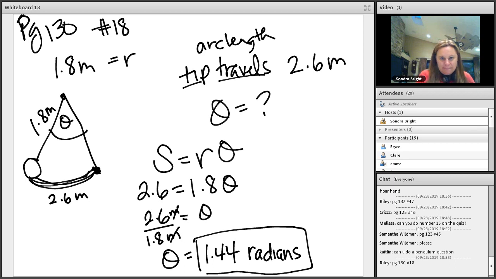If you wanted degrees, you would do the 2.6 divided by 1.8, and then go times 180 degrees over pi to give you some approximate degree answer.